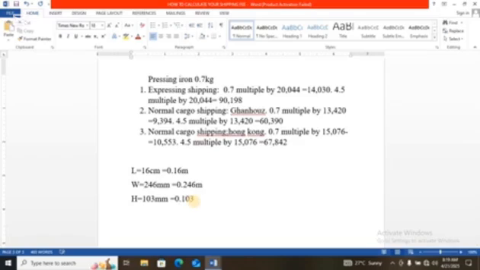So what you need to do now is you multiply it. So you are going to see 0.16 times 0.246 times 0.103, then you divide it by either 1,000 or 1 million.